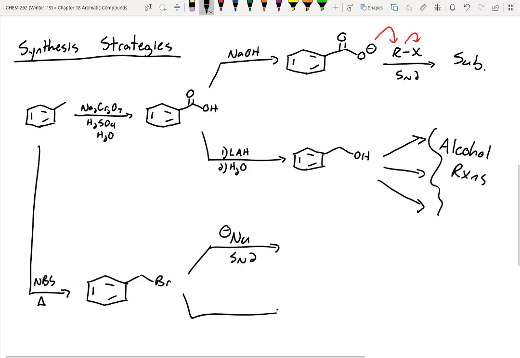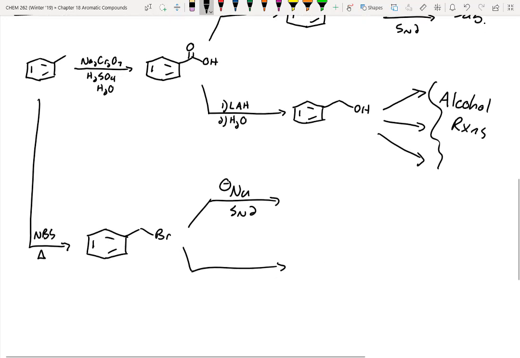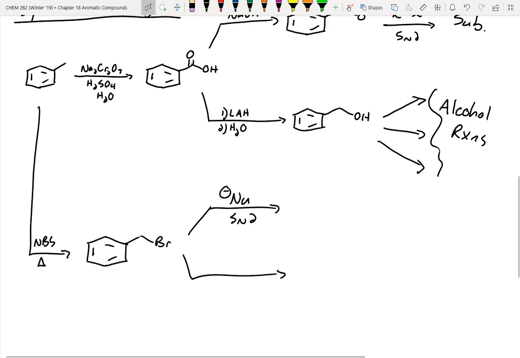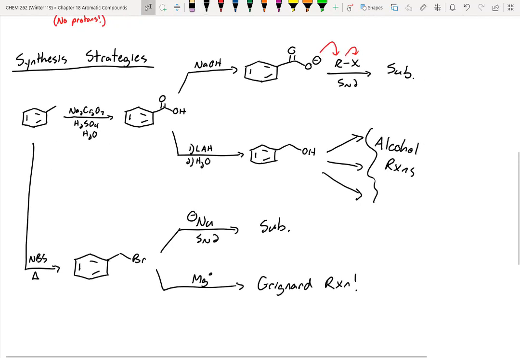Or, like we saw in our problem of the day, what else could we do? The Grignard reagent. So we can do substitution, or we could do a Grignard reaction. So really, this opens the door for us to a lot of new interesting chemistry.